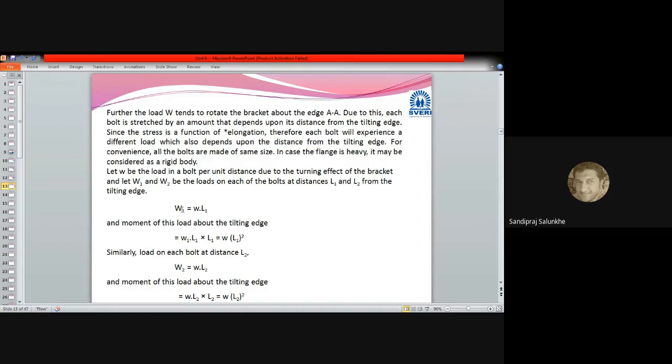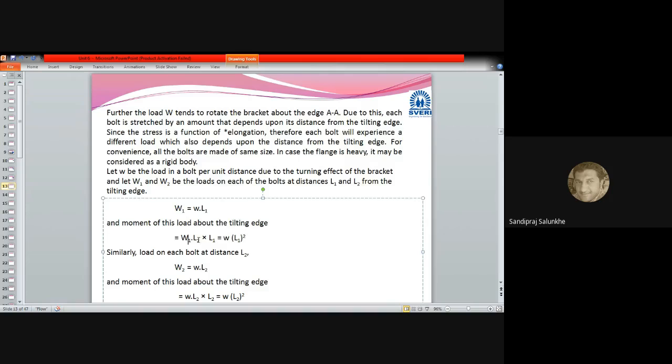So W1 is the load acting on bolts number 1 and 3, given by intensity per unit length multiplied by the distance from the tilting edge. Likewise, if you want to calculate the moment of this load W1, it will be W1 multiplied by L1.